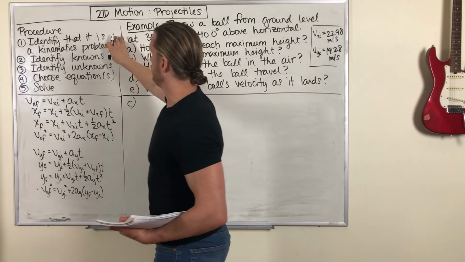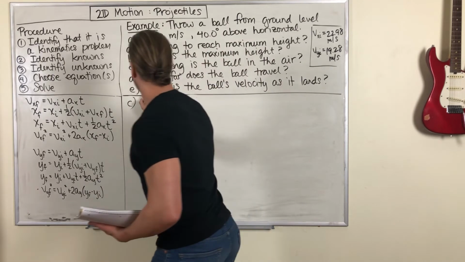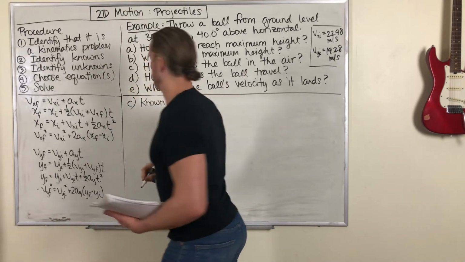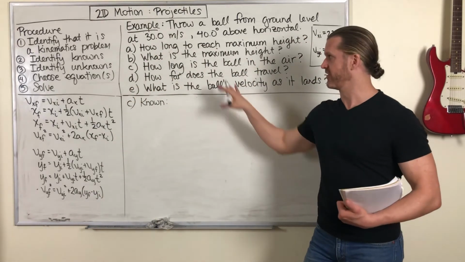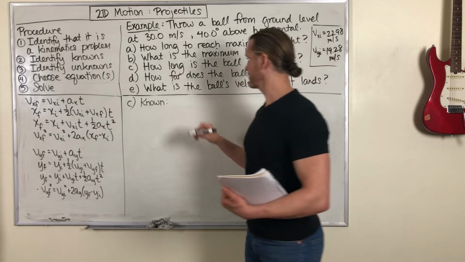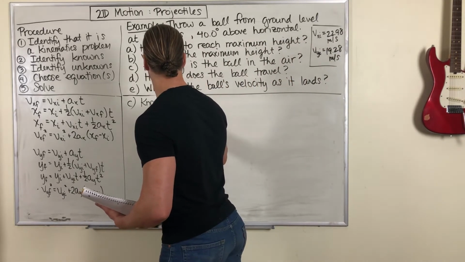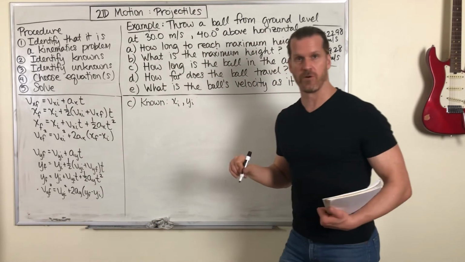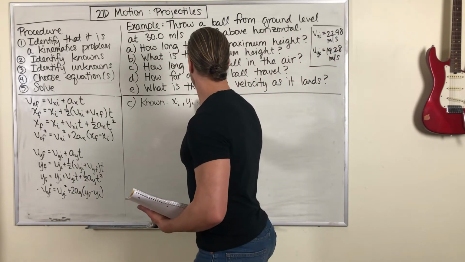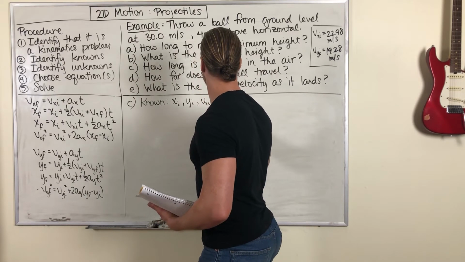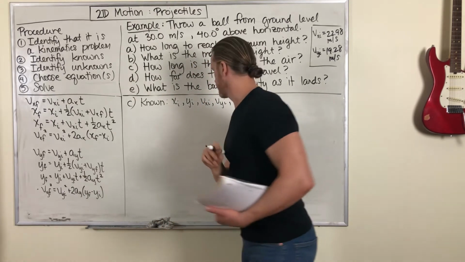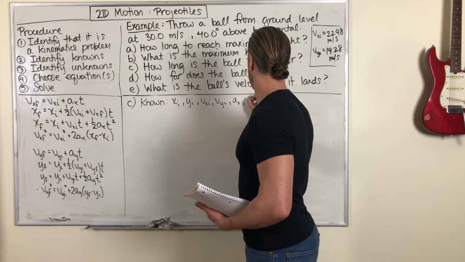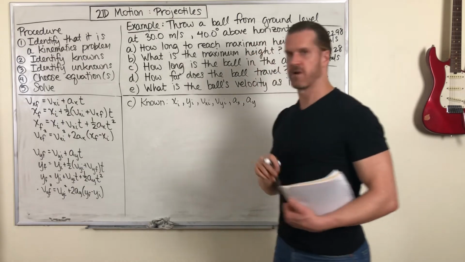All right, procedure. It's kinematics, and here's what we know. Remember, it's a different set of information now because it's a different final situation. We still know the same initial things. X initial, Y initial, those are both 0 because it starts at the origin. We know Vx initial, we know Vy initial. We know ax, which is 0. We know ay, minus 9.8.